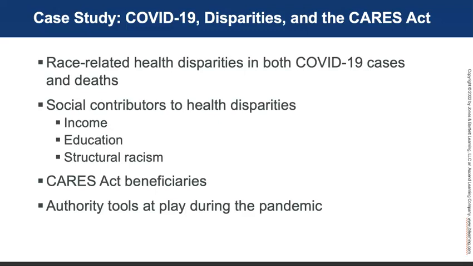They created the CARES Act, which was money given out to groups. These groups included small businesses. There were credit provisions, student loan relief, and money given to state and local governments. $2 trillion was earmarked, set aside for the CARES Act.